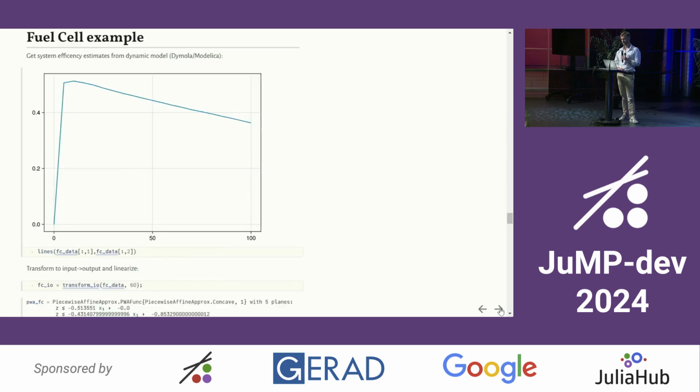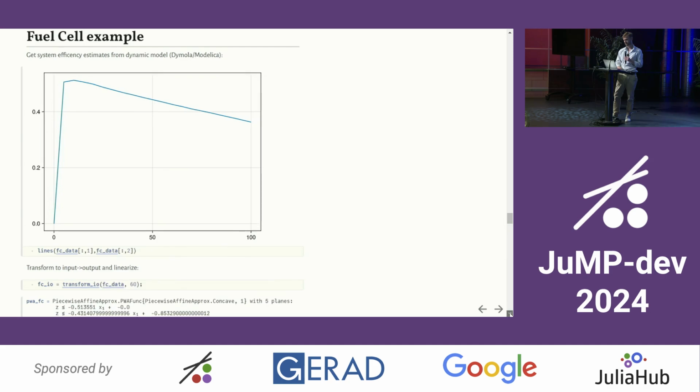We will typically get an efficiency curve that can look something like this. As you can see, the fuel cell has a better efficiency when it's running on a lower load, and it reduces as you increase the load. This is something that we would like to be able to include in our models, and we can use this package to do that quite easily.